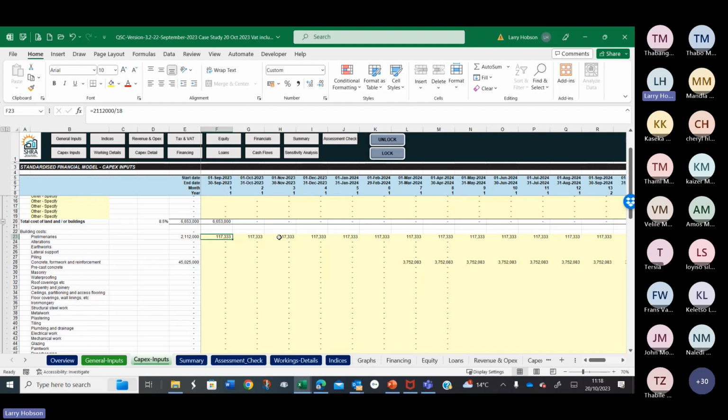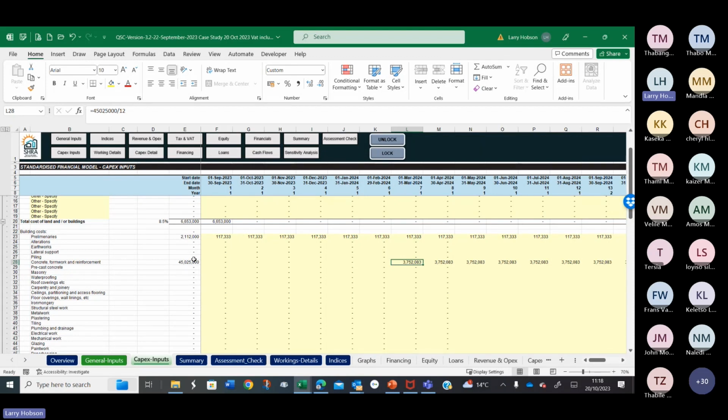You could just copy and paste that into here. This yellow area is yours to do with what you want to. So if you've got the QS estimate with an S curve, all the better. I've just simply divided them by the period we're going to be using them. So I've just said preliminaries we're doing equally over the term.